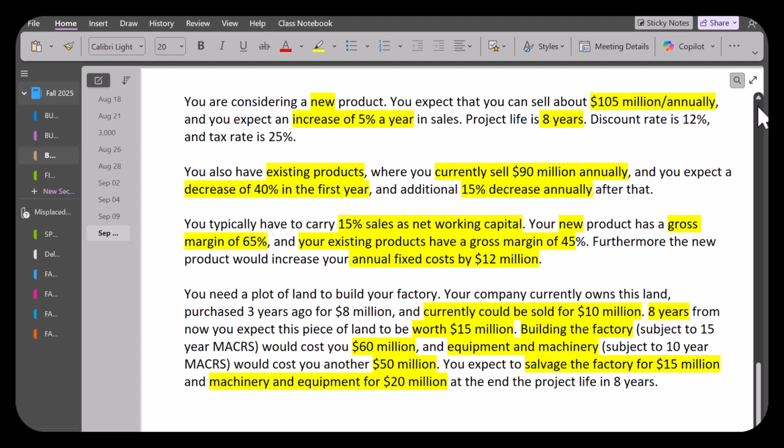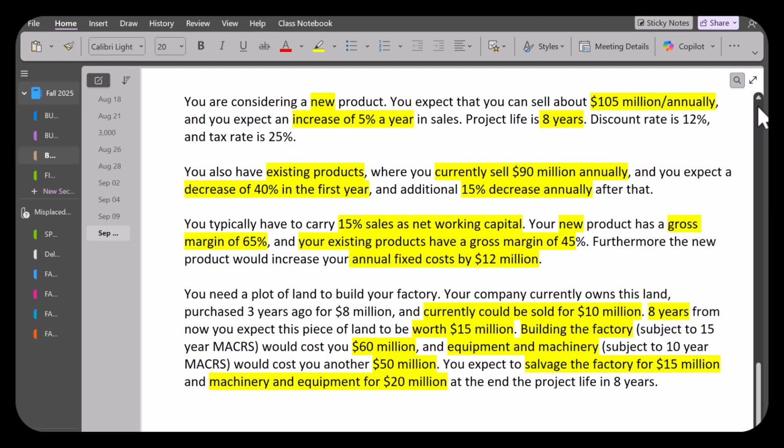You typically have to carry 15% of your sales as net working capital. And your new product has a gross margin of 65%, which means for every $100 of sales, 35 goes to variable cost, and 65 is your gross profit. But your existing products are lower margin.